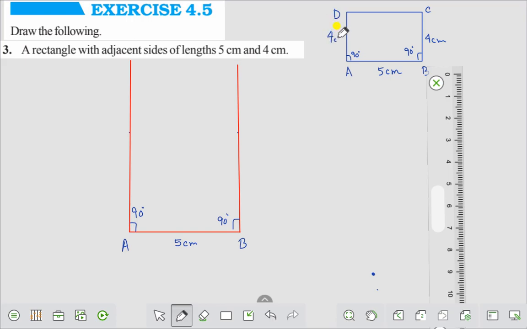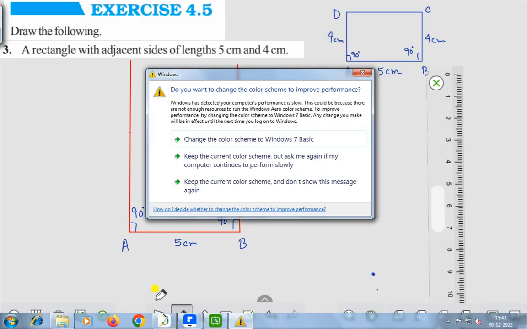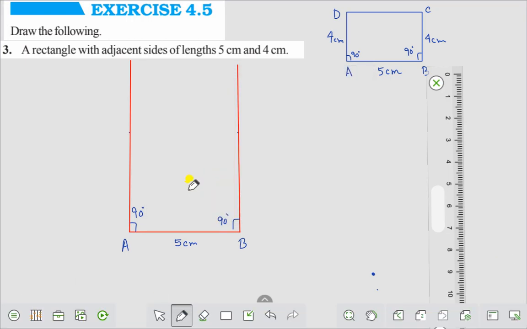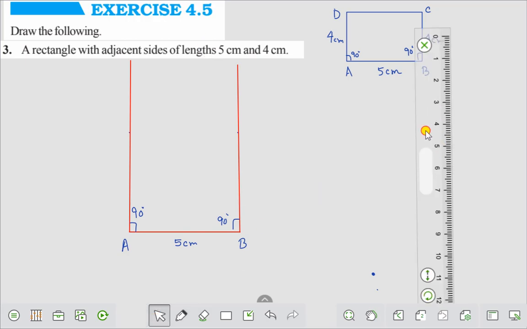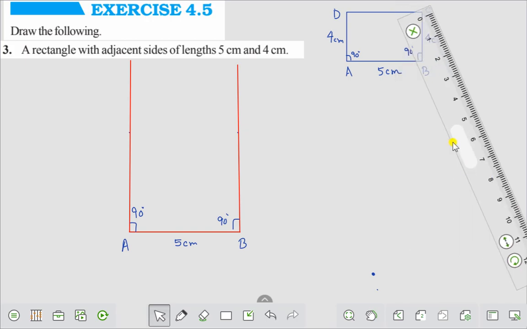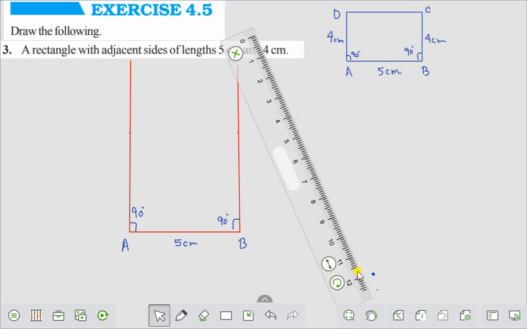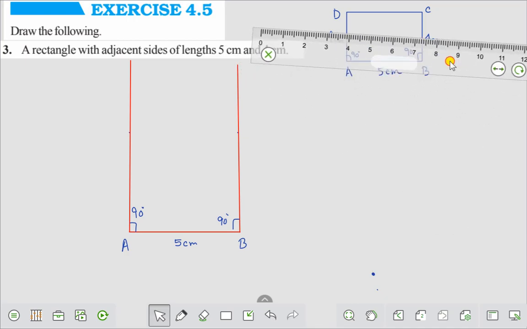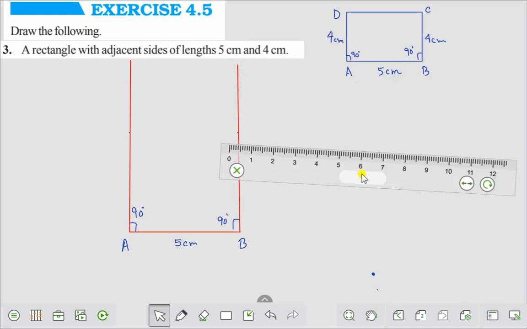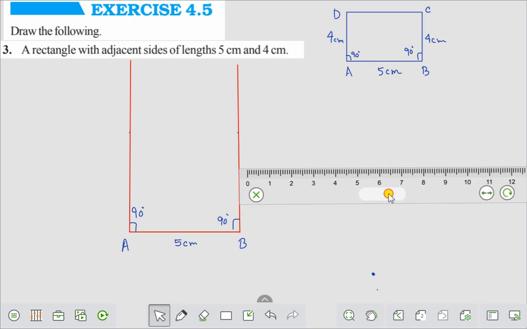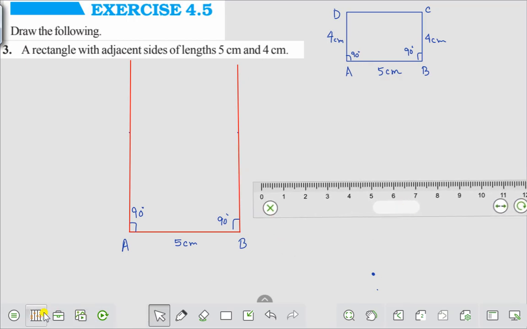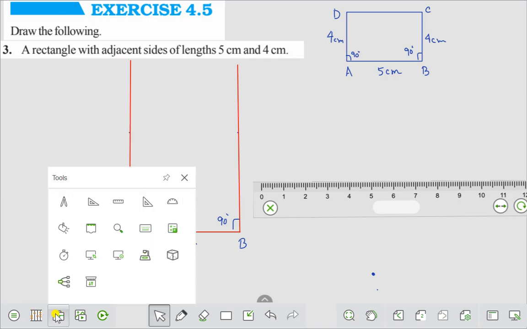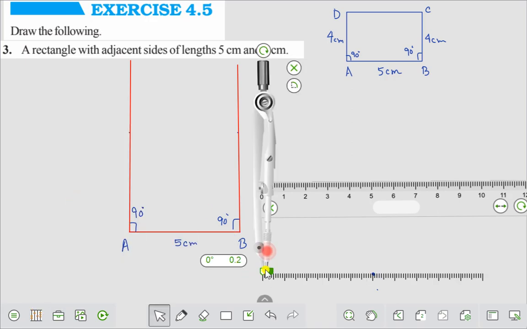With an arc of 4 centimeter, let us take the compass with the help of the ruler. Here you see, with the help of the ruler, we make an arc of 4 centimeter.